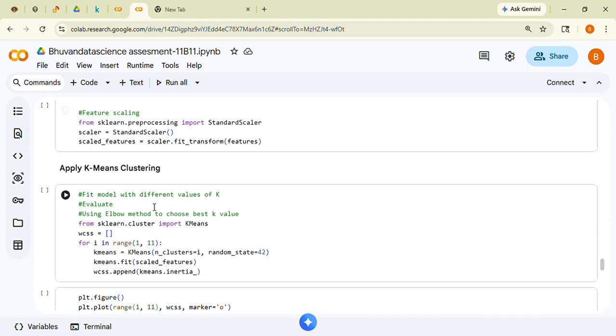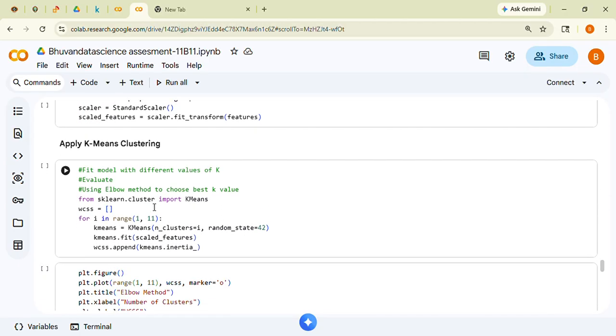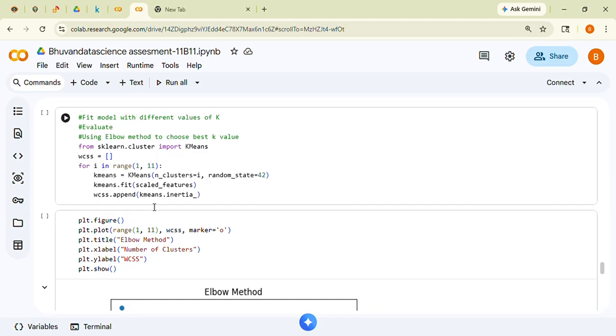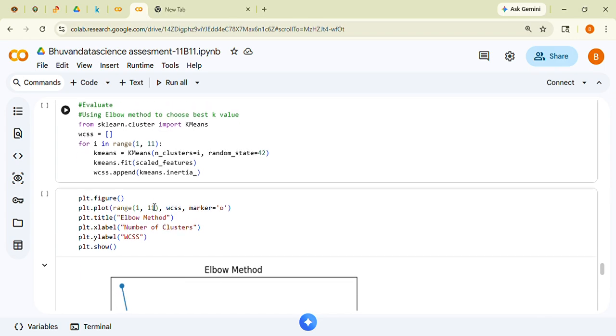K-means is an unsupervised learning algorithm, which means it does not need labels. It automatically groups similar data points together. But one important thing is we need to choose the number of clusters, which is K.